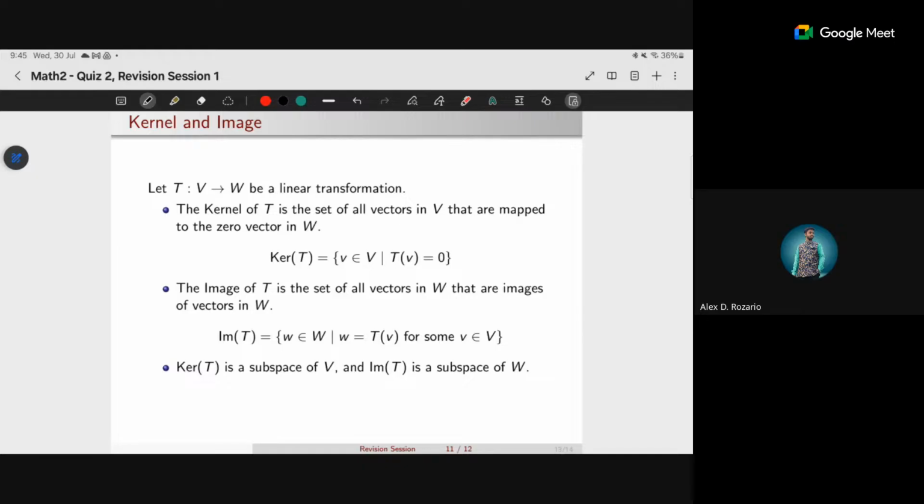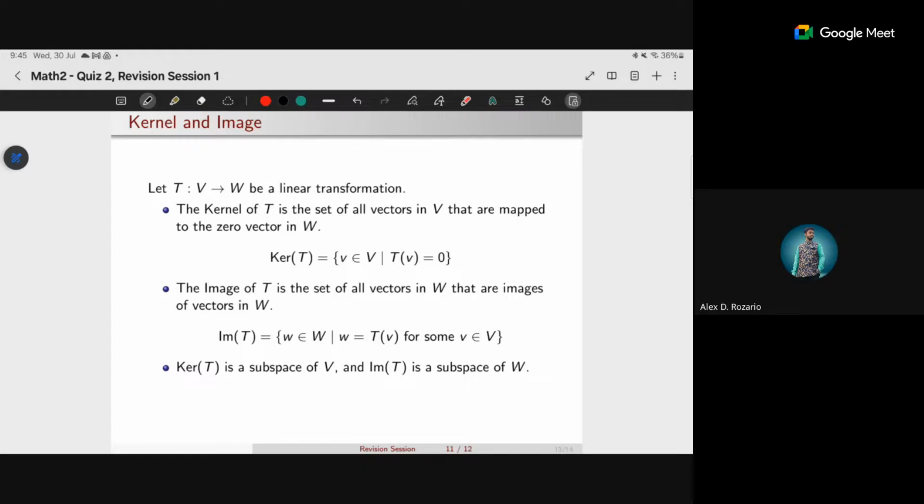So kernel needs to be as small as possible, and image needs to be as big as possible. What is as small as possible for kernel? It should always contain 0. It cannot be empty. So the smallest possible set that could be the kernel is the singleton set which contains the 0 vector. If that is achieved, then it is injective.